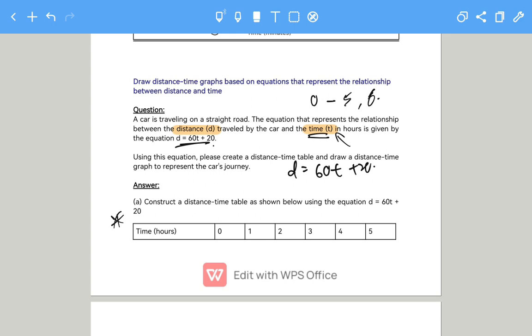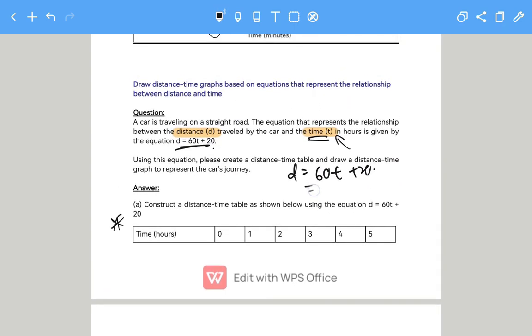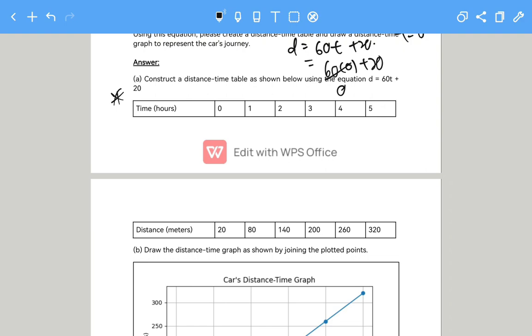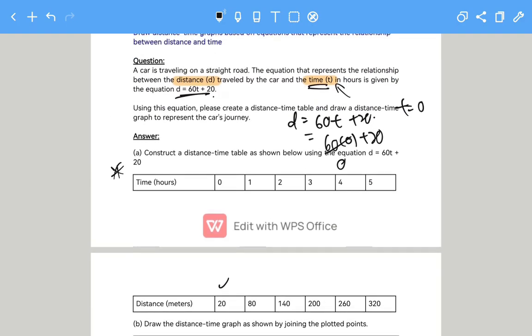So we substitute one by one. D equals 60t plus 20. If the time is 0, we substitute 0 here. So 60 times 0 will be 0. Then plus 20, so we get 20.